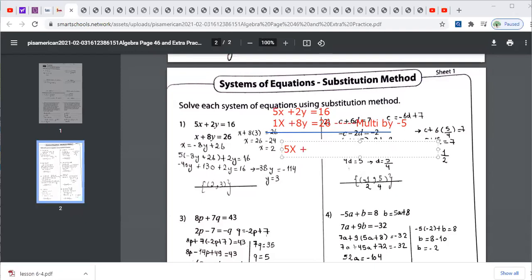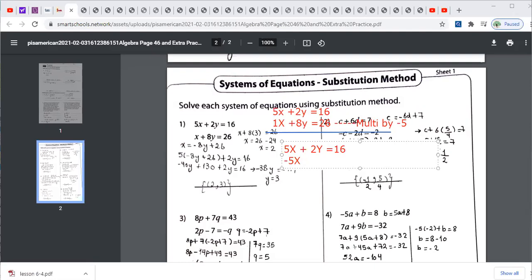Then you will multiply the second equation by the additive inverse. So if it was 5, you will multiply the second equation by negative 5. If you have 6, you will multiply the second equation by negative 6. If the first equation has negative 5, you will multiply the second equation by 5. Then the second one now will be negative 5x minus 40y.